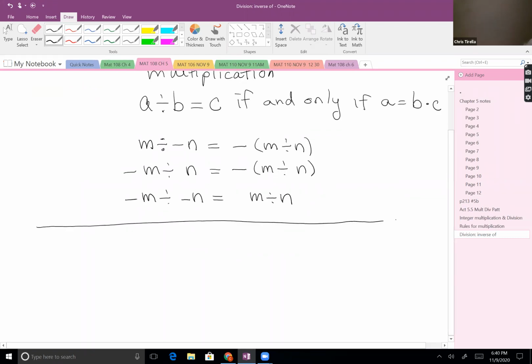And putting all of these things together, we get a set of rules for multiplication, or actually rather than rules, let's call them properties for the multiplication of integers.